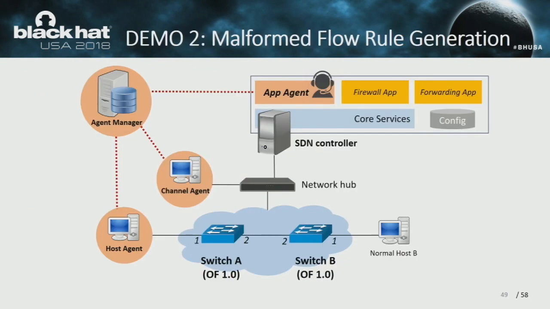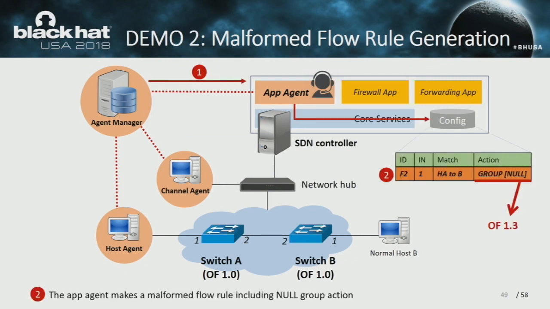So now, again, let's see how this tool can find out this attack. First, the agent manager orders the app agent to push the malformed flow rule to the configuration DB. And the app agent makes the flow rule including a group action field, which is not a supported field in OpenFlow 1.0. Here we assume that the switches are using the OpenFlow 1.0 version.